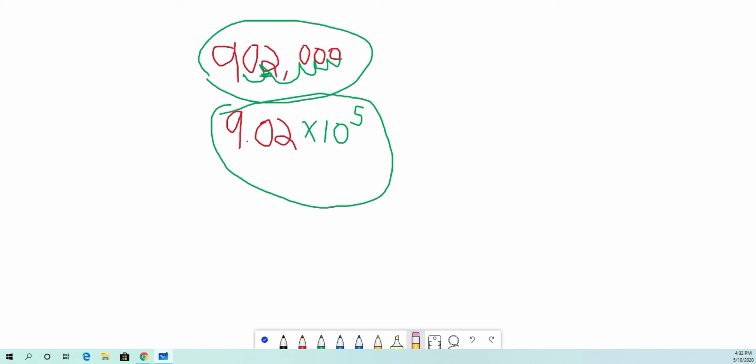Now let's work with a number that's small. The next number we're going to work with is going to be 0.0026. So now I have a decimal already here. Now I have to pick what my decimal is going to be. So again, I need a decimal that's in between the two.